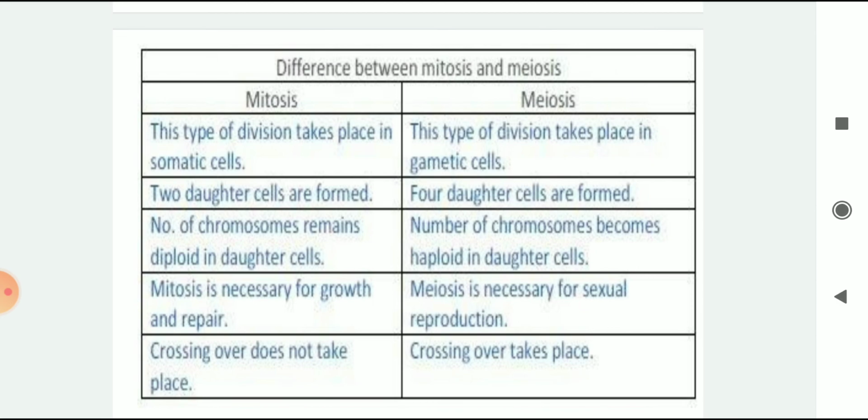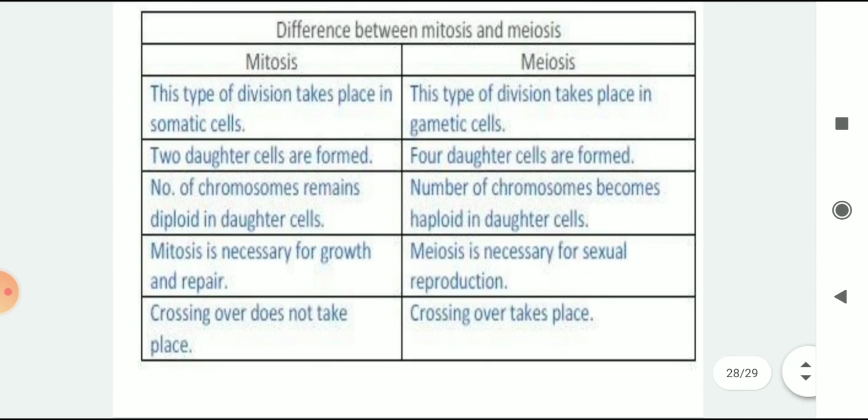In the process of mitosis, crossing over does not take place, and in meiosis crossing over takes place. This crossing over is a part of the higher classes. क्रॉसिंग ओवर के होने की वजह से ही नंबर ऑफ क्रोमोसोम्स हैप्लॉइड हो जाते हैं, क्योंकि mitosis में कोई क्रॉसिंग ओवर नहीं हुई है, but here crossing over occurs, that's why the chromosomes become haploid.